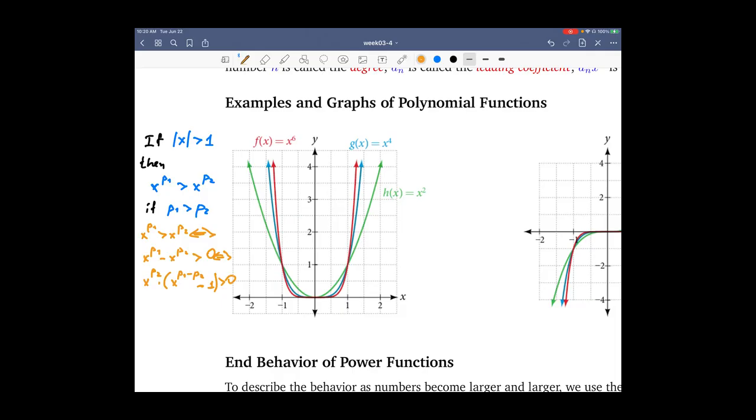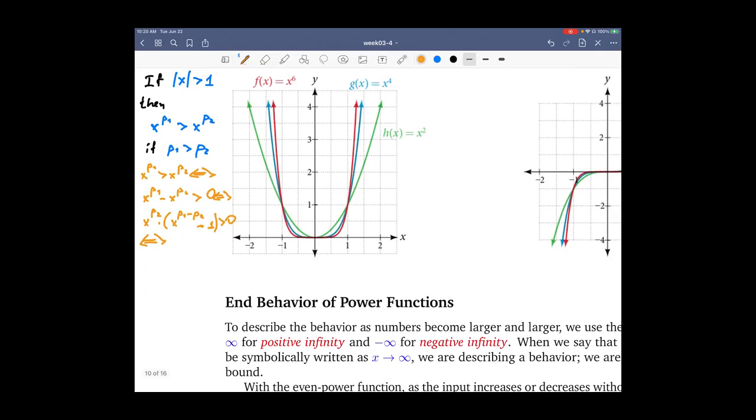Now, when is the product greater than 0? If and only if either both cofactors are positive or both cofactors are negative. So either x to the power p2 is greater than 0 and x to the power p1 minus p2 minus 1 greater than 0, or both are negative.